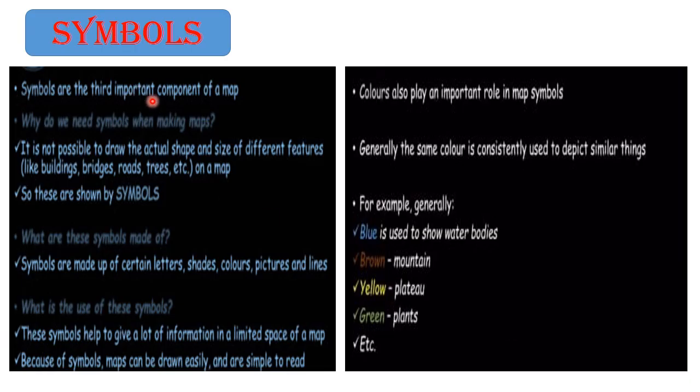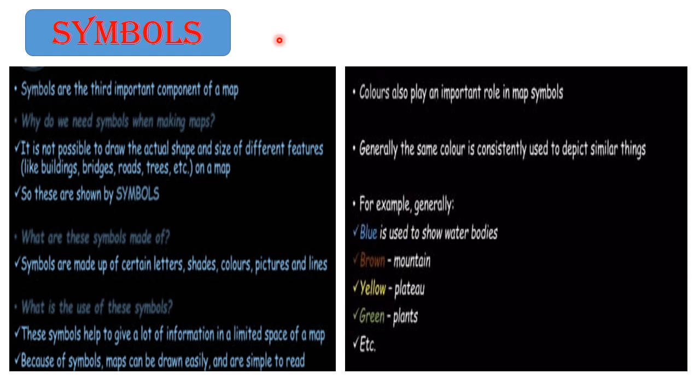Now the third component of maps is symbols. Symbols are very important because it is not convenient or possible for us to draw the actual shape and size of different features on the map. So to overcome this problem, we make use of different symbols, and symbols can be letters, shades, colors, pictures and lines. What is the use of these symbols?